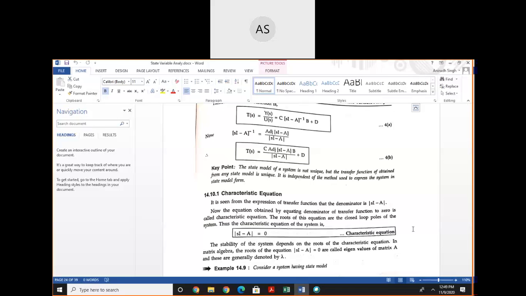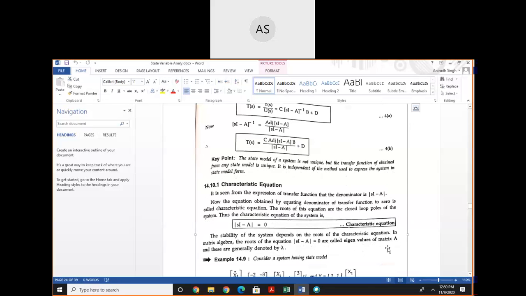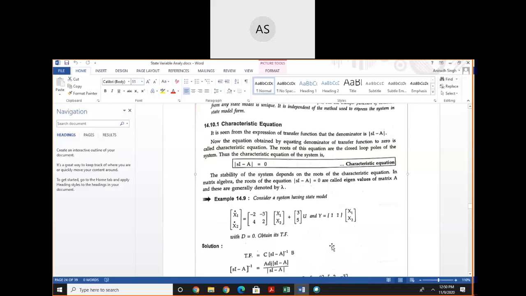In matrix algebra, the roots of the characteristic equation are called the eigenvalues of matrix A, and these are generally denoted by lambda. If we calculate the roots of this characteristic equation, these are known as the eigenvalues of matrix A. Clear?